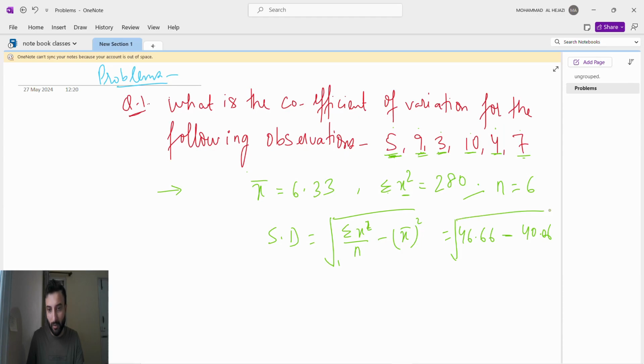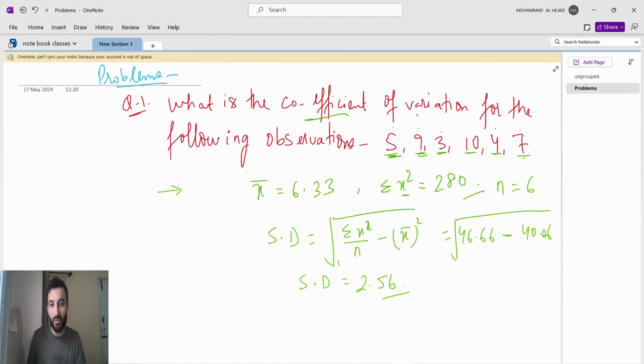Whatever you get, take the square root. That is the standard deviation. 46.66 minus 40.06, square root, is 2.56. Standard deviation is 2.56.